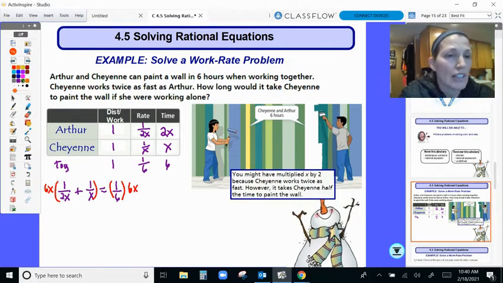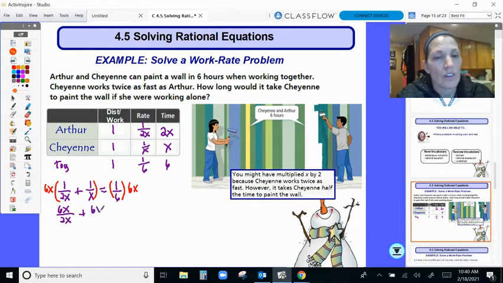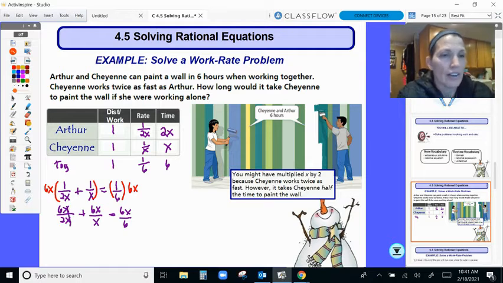Okay, so in this case here, I'm going to have 6x over 2x plus 6x over x equals 6x over 6. Okay, my x's get canceled out here, my x's get canceled out there, my 6's get canceled out, and 2 goes into 6 3 times.